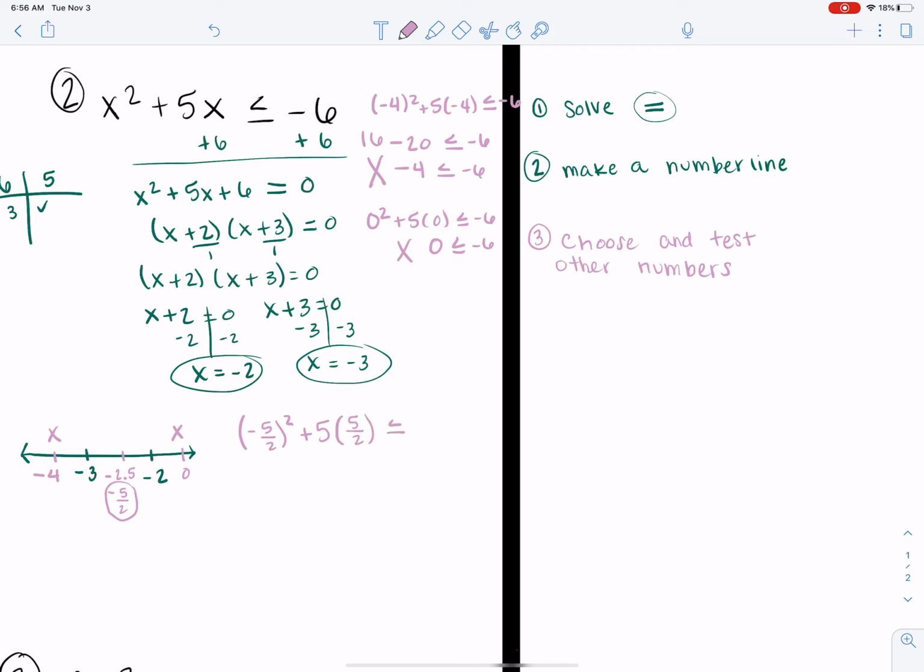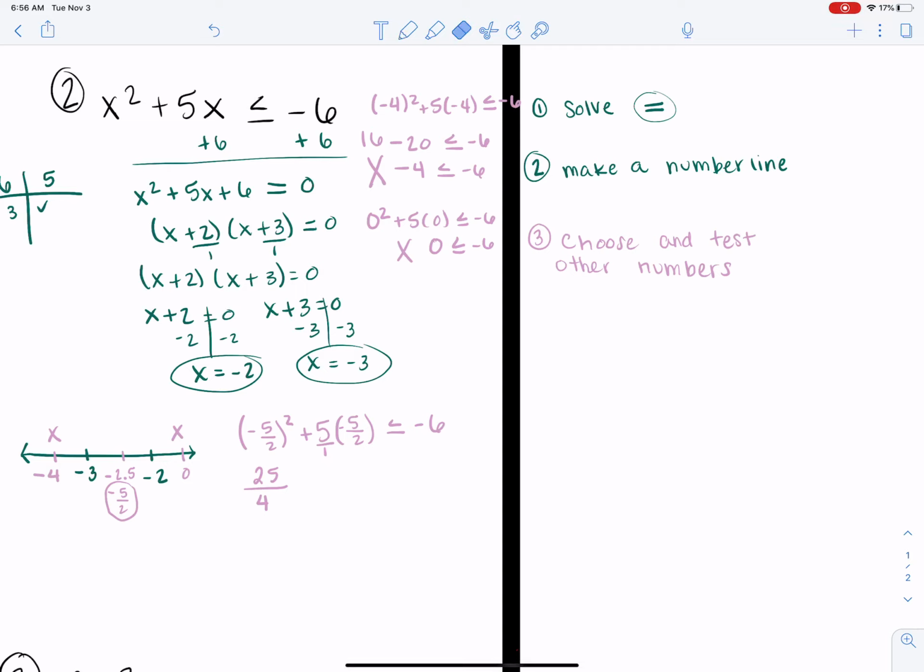So less than or equal to -6. Oh, this should be a negative here. Okay, -5/2. -5 times -5 is positive 25 over positive 4, which is -5/2 squared. Now, 5 times -5/2 is like 5/1. And when you multiply fractions, you just multiply across.